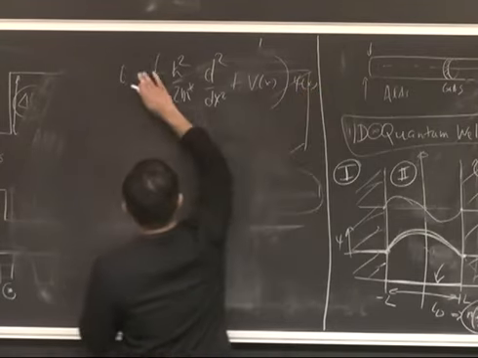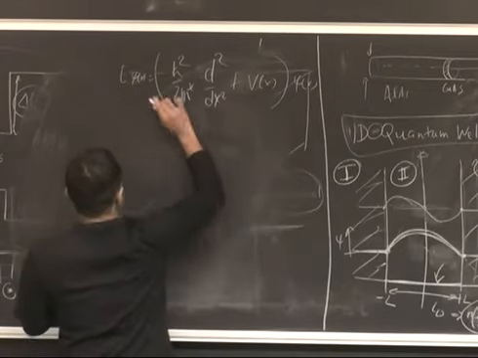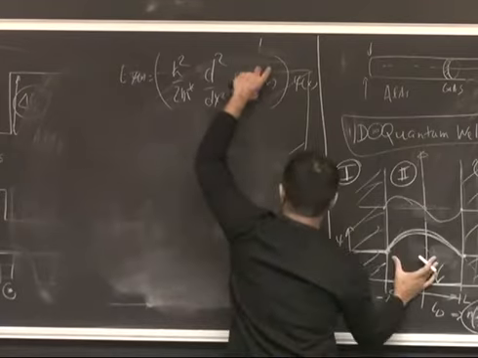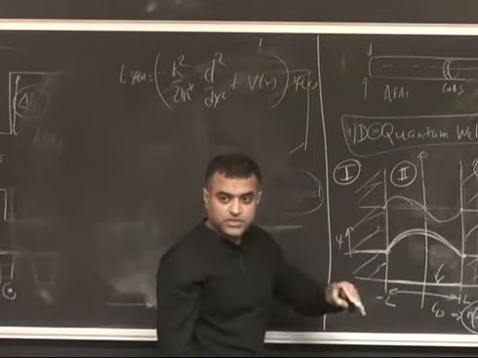This is true at all points of x. This is your Schrodinger equation, really. But you take advantage of the fact that inside the well, my V is 0. So you put V equal to 0.